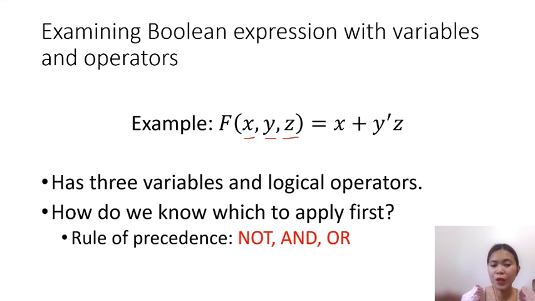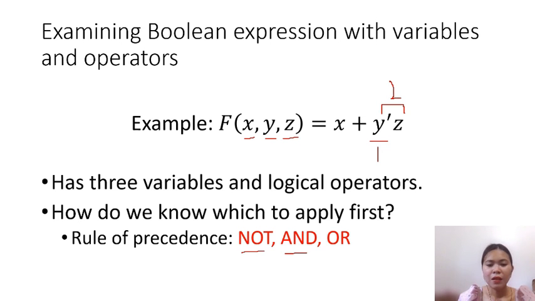So the NOT operator is the top priority. Here, we are going to express first the not y. So I'm going to write here 1. And then followed by AND. Saan dito yung AND? Itong dalawa, not y and z. So this is number 2. We're going to express that secondly.